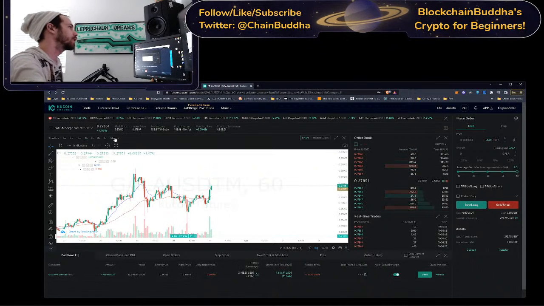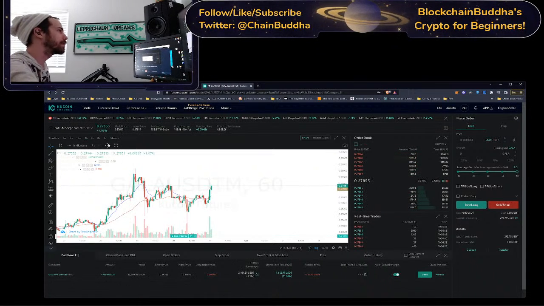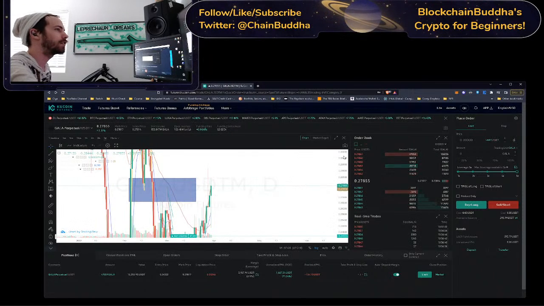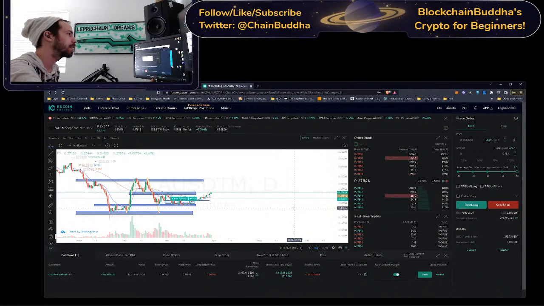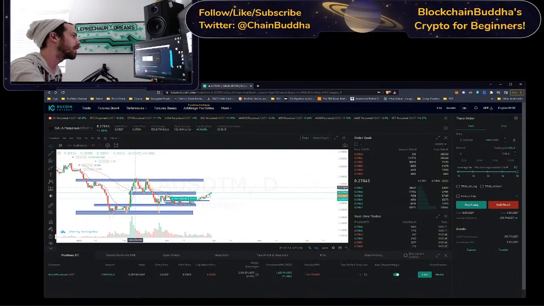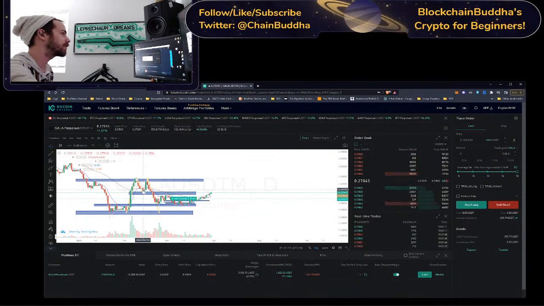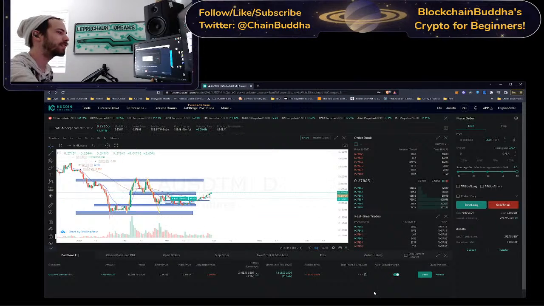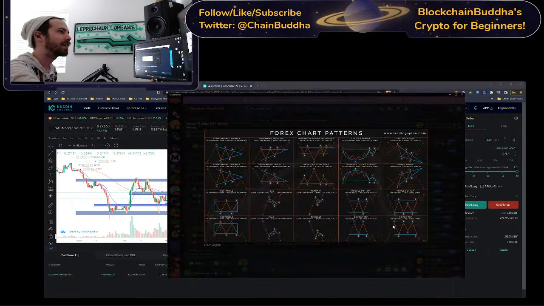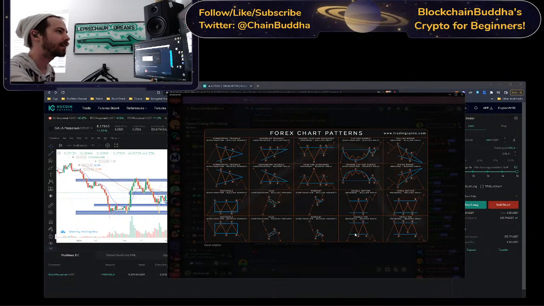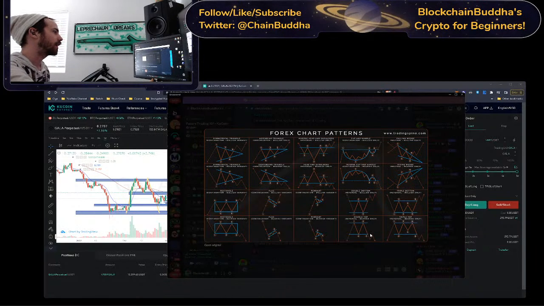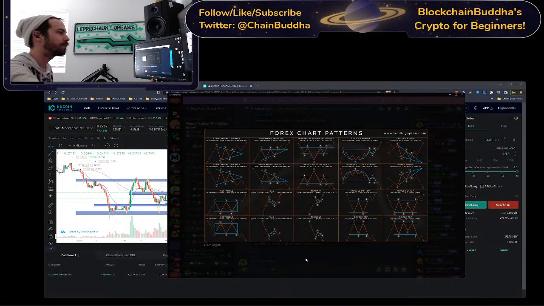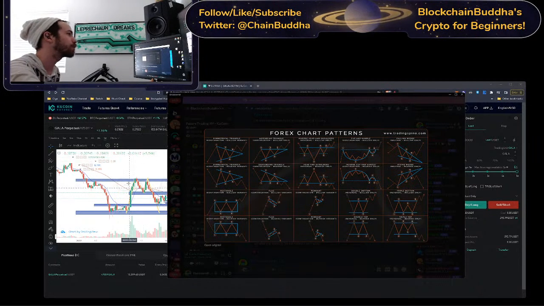Alright, so going back to the timeline, how I was talking about a top-down analysis. This is what I like to do before entering into a trade. As you can see, I had it marked up, the M formation or two mountaintop formation. Going back here, you can see this is a formation right here, the double top. It's a reversal formation, and you can see it did play out how it was supposed to.